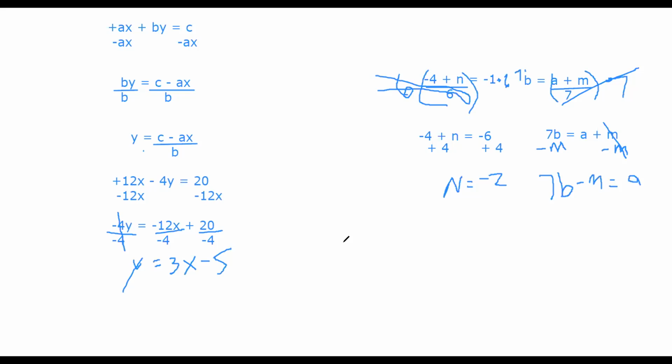So where did the 20 come from? Look at problem number 18. So it's 12x and then divided by negative 4, and then the 20 over negative 4. Where did that 20 come from?